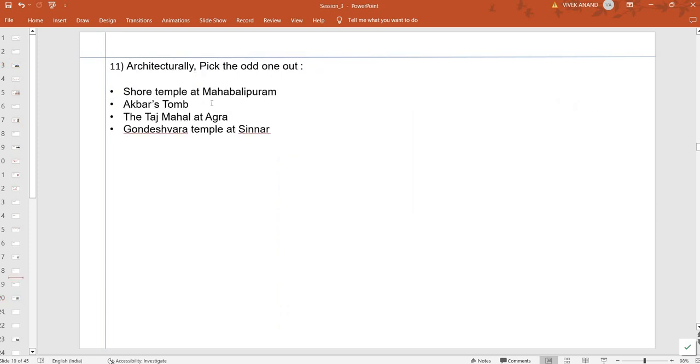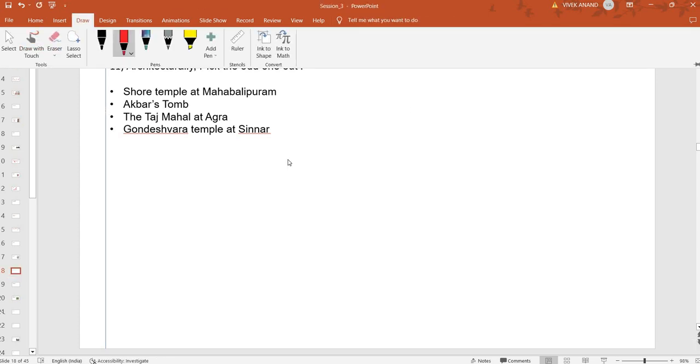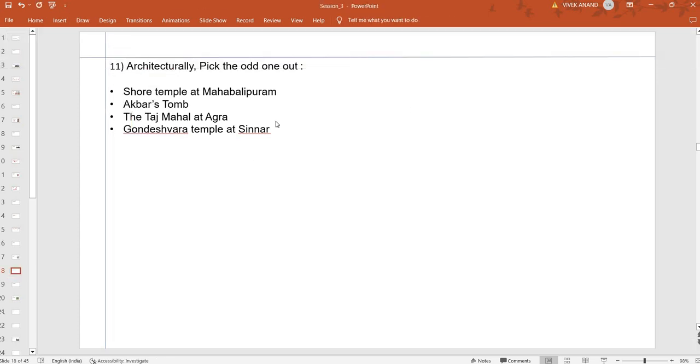If you see the timeline, Akbar's tomb, the Taj Mahal, Gondeshwara temple, all these were built during which time? All these were built around the 18th century, am I right?